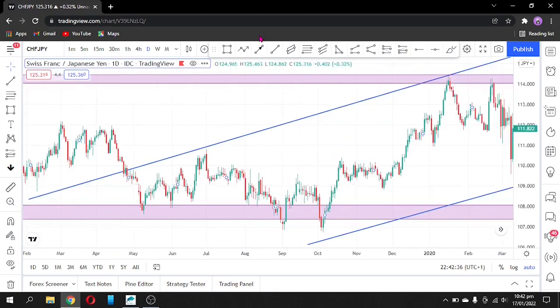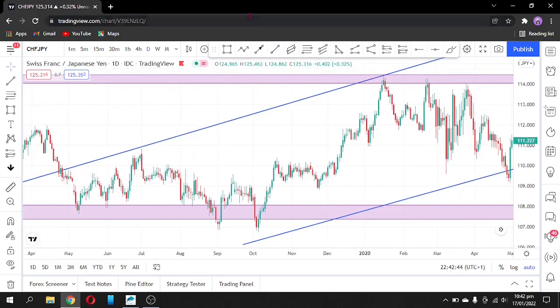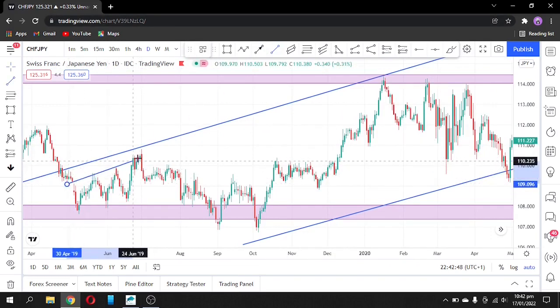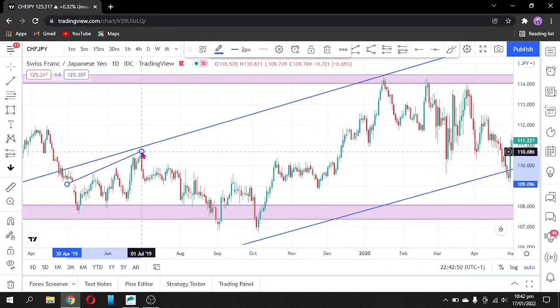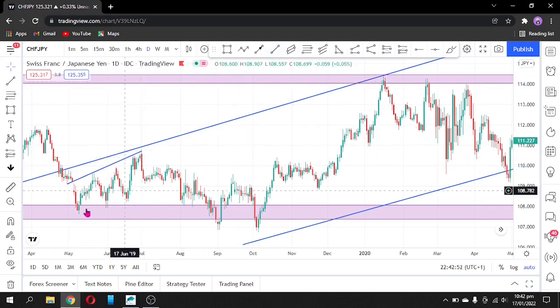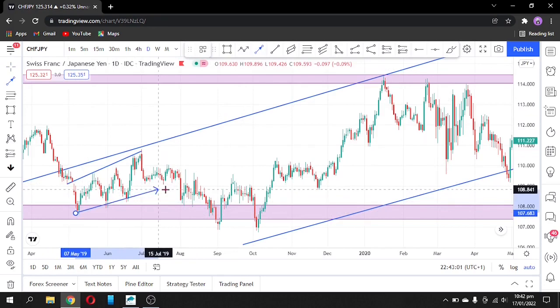If I want to get a clearer view of what really happened, that price went up, we had a bullish trend line here and another bullish trend line here.